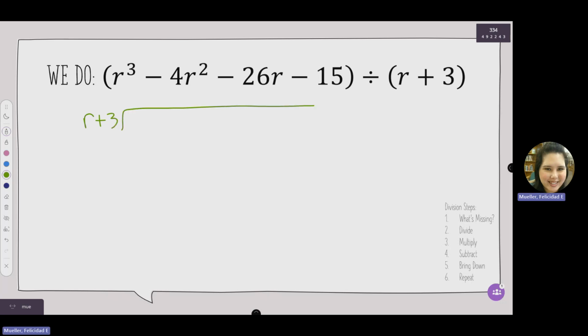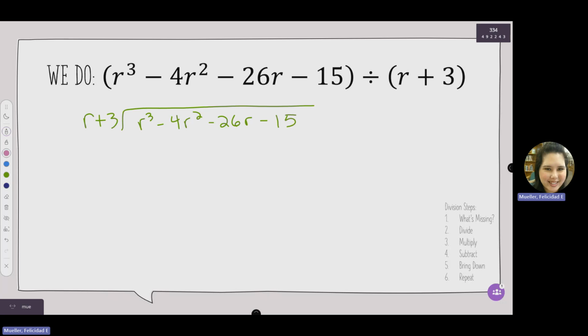Our dividend is r cubed minus 4r squared minus 26r minus 15. So we're going to go ahead and do our steps. If you would like, one thing I would like you guys to do is pause the video, try it on your own, check and see. But let's go ahead and take a look.